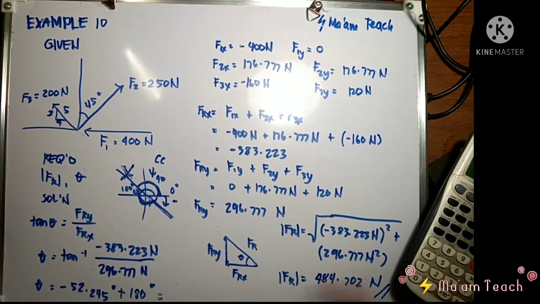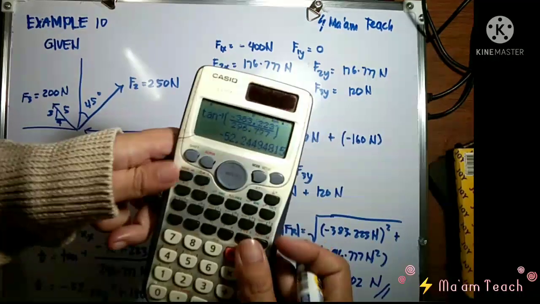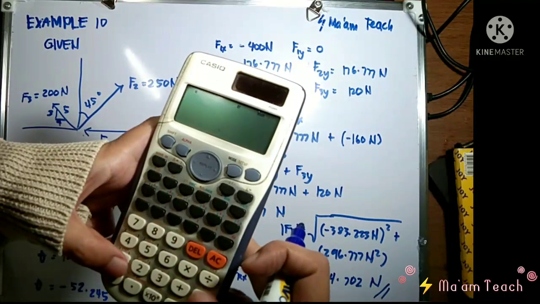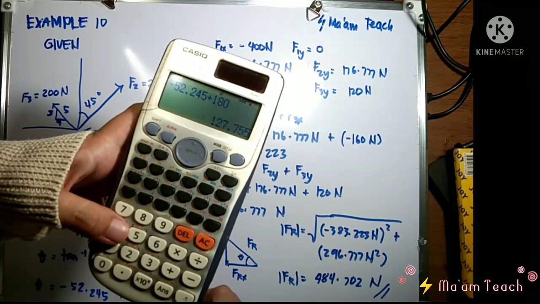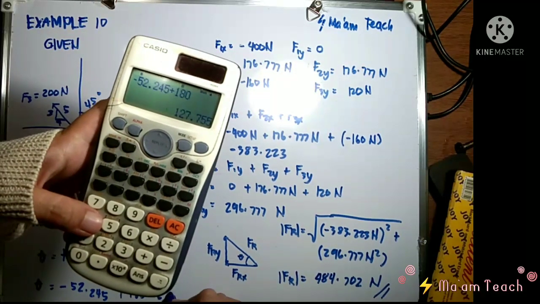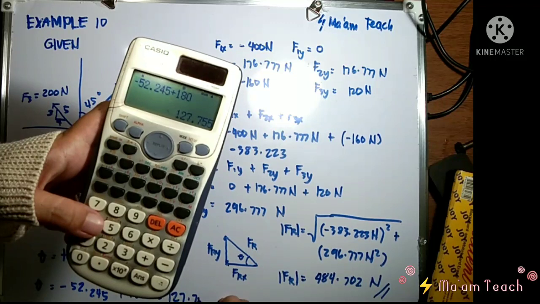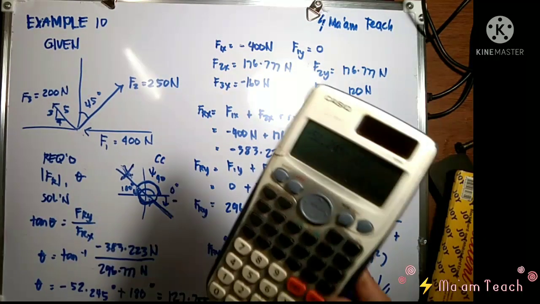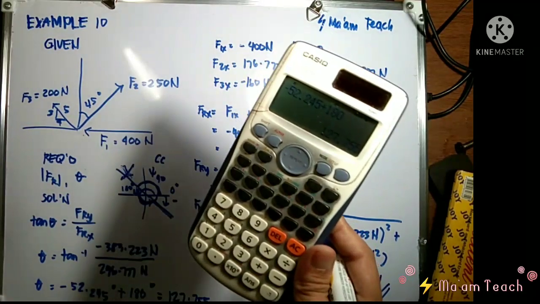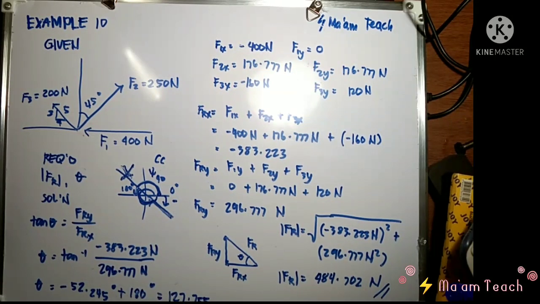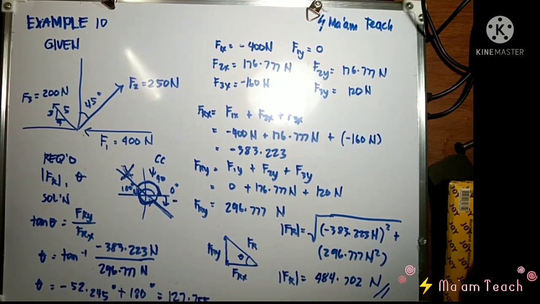So if you do that, you'll have negative 52.245 plus 180, you'll have positive 127.755. Can you follow? 127.755, or that angle, class, is right here. This angle 127.755, is that correct?